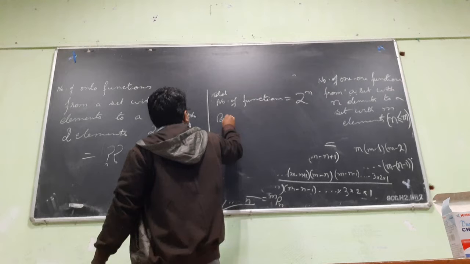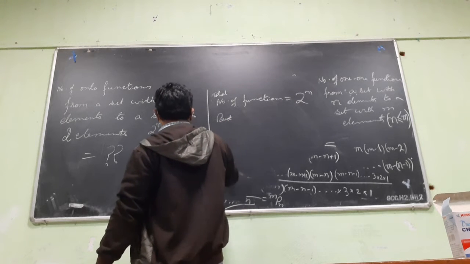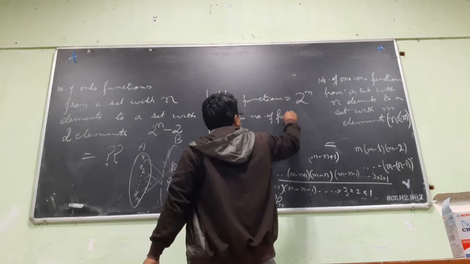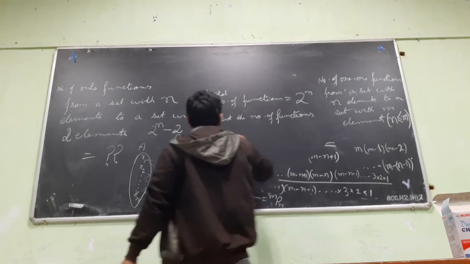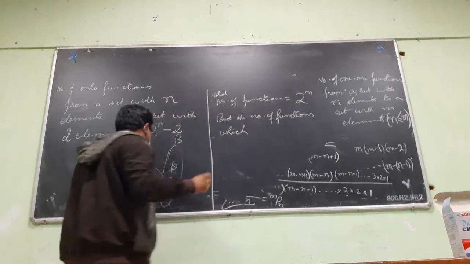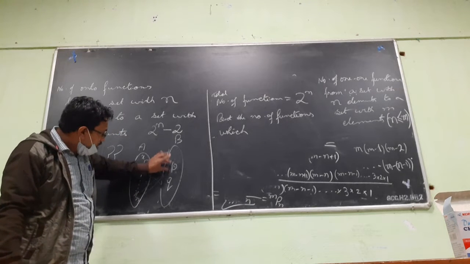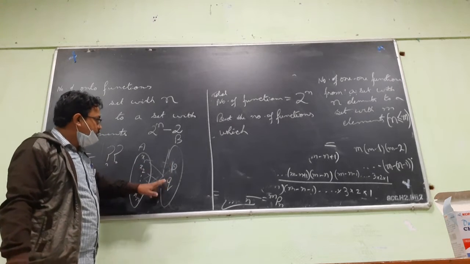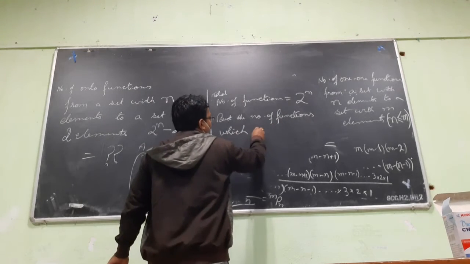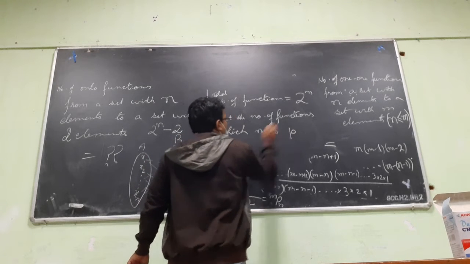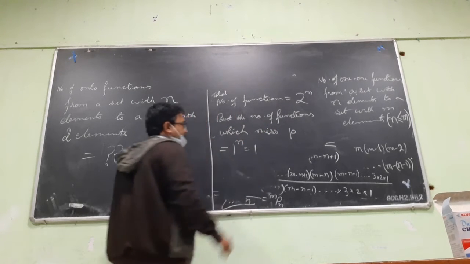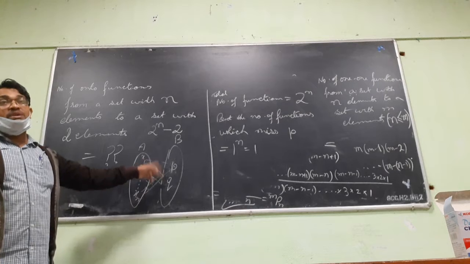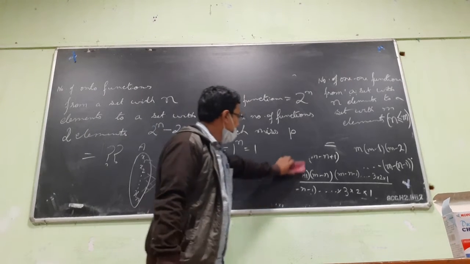But technically we say it this way: the number of functions which miss p, that is, they do not go to p, is equal to 1 to the power n, which is 1. So there is only one function which does not go to p. P is not an image under that function.